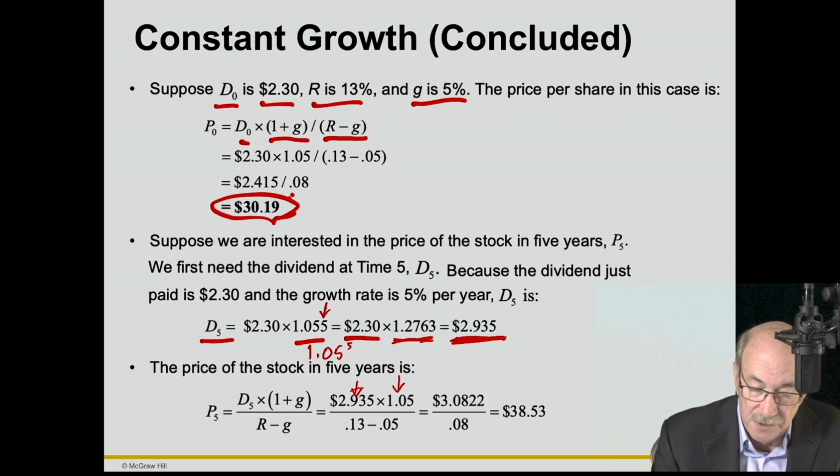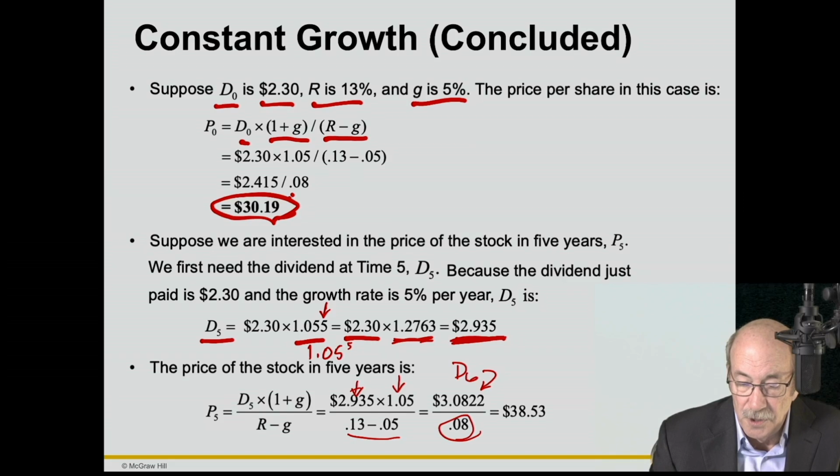So now this value is actually D6 right here. And then we divide it by R minus G, which turns out to be 8% or 0.08. And we find that the price at time 5 would be $38.53.